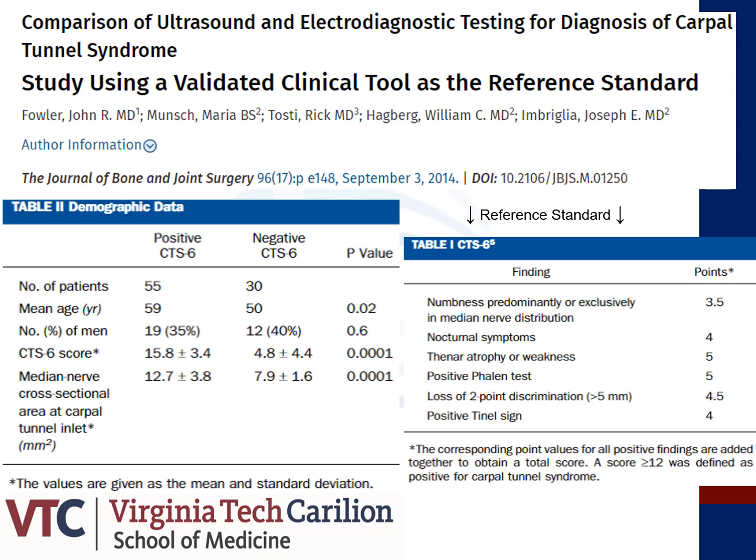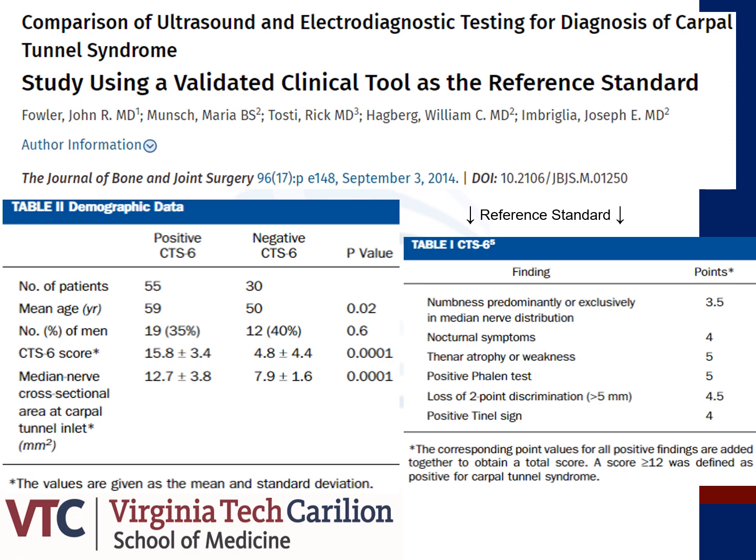Looking at the very bottom line, you can see that there is a distinct difference in the median nerve cross-sectional area at the inlet, which we had previously identified as the area where we should be obtaining that measurement for diagnostic purposes. And unsurprisingly, there is a significantly larger cross-sectional area for those with positive CTS-6 versus those with negative CTS-6.